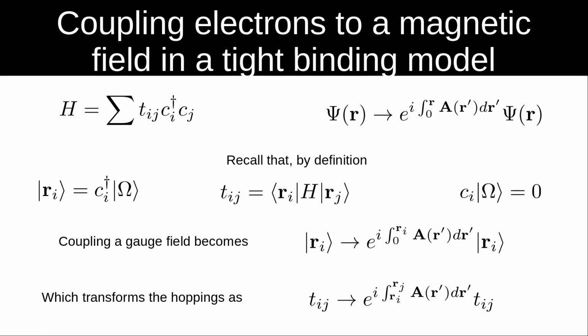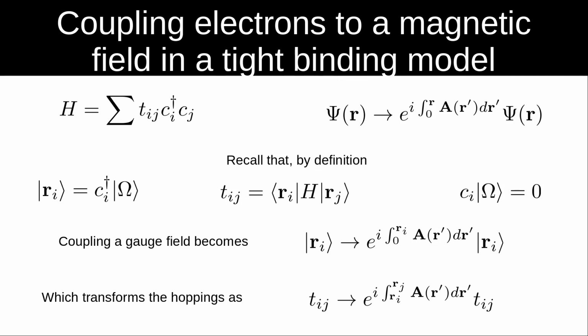And when you do that, you can just see how the hoppings get renormalized by the magnetic field. So by definition, the hopping T_ij is essentially the overlap between the wave function at i, your Hamiltonian, and the wave function at j. And if you now put the dependence on the magnetic field inside the wave functions i and j, what you end up with is a hopping that is renormalized by a prefactor that is a complex phase that comes from the integral between R_i and R_j of the magnetic potential.